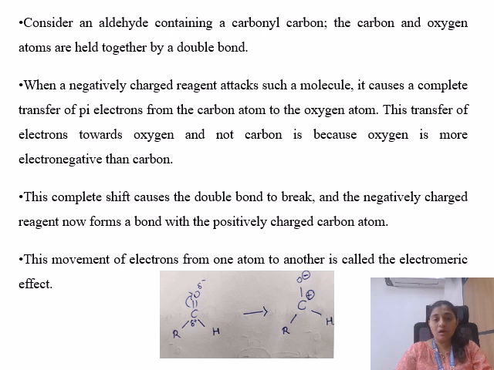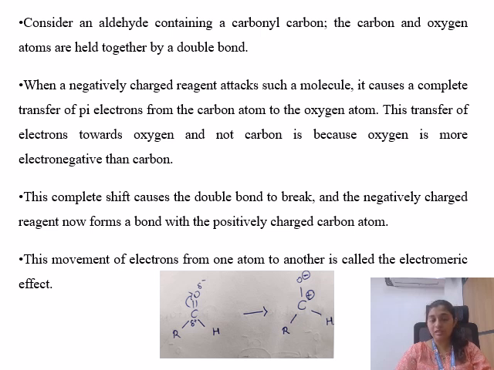So here is one example. As we had already discussed, the aldehyde group, CH double bond O, C double bond O, you can see here. Here you can find the shifting of the pi electron towards the oxygen. So oxygen will contain a temporary minus charge, and carbon will contain a temporary positive charge.